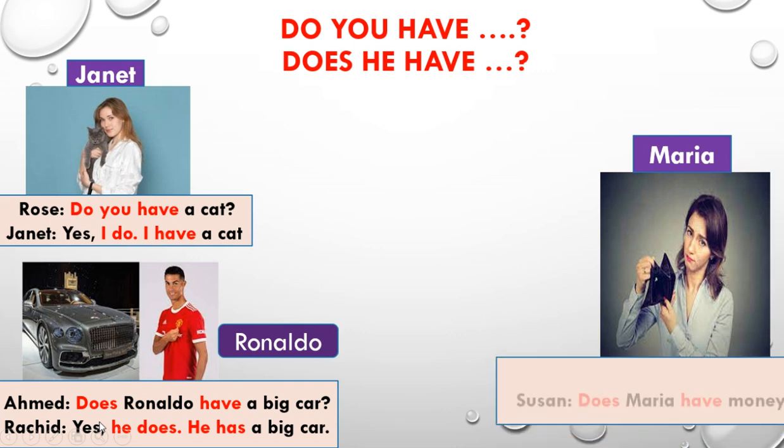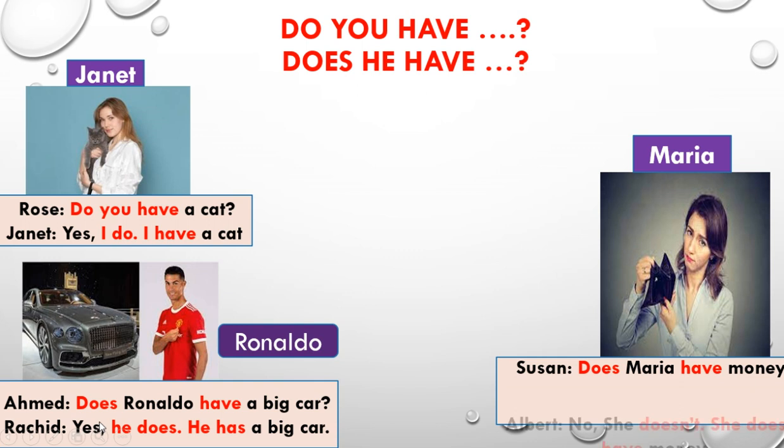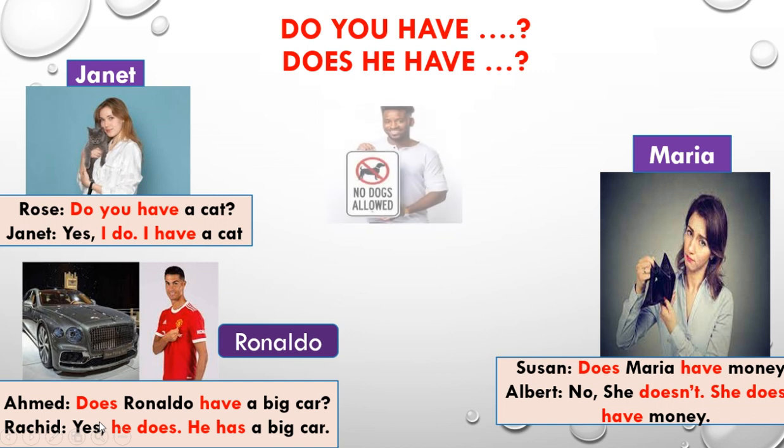Now the question that Susan can ask is, does Maria have money? Does Maria have money? The answer is no, she doesn't. She doesn't have money. No, she doesn't. She doesn't have money. I'll repeat. Does Maria have money? No, she doesn't. She doesn't have money.